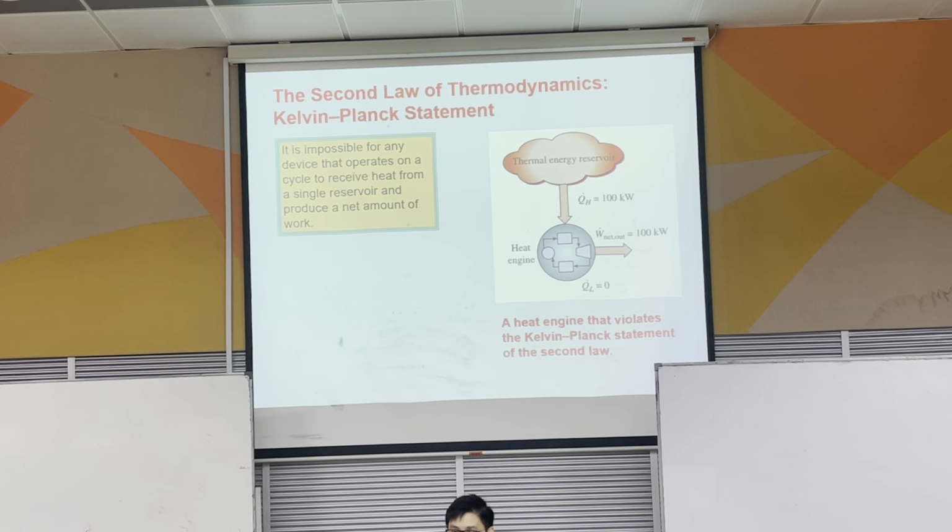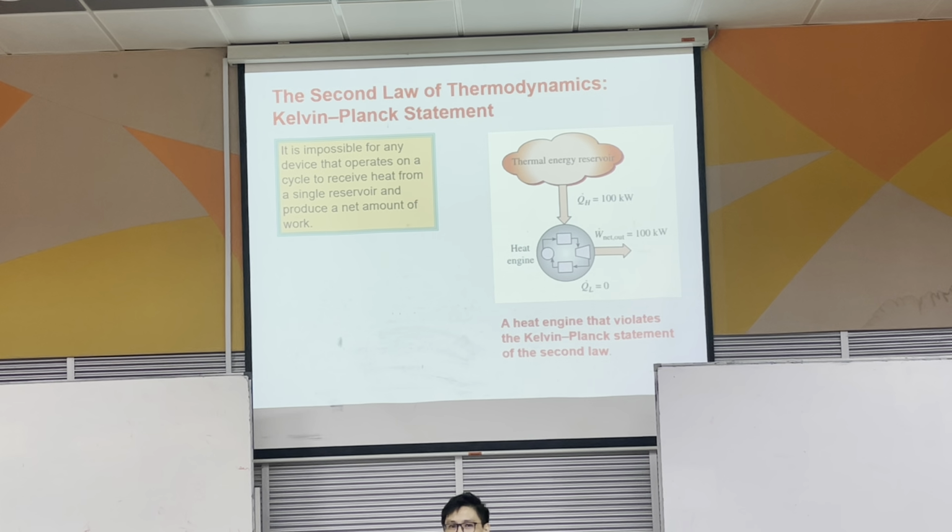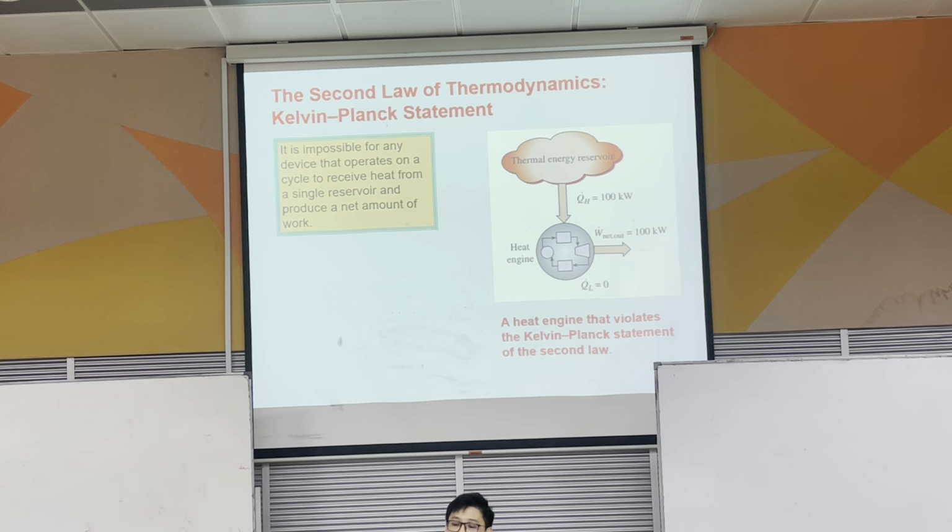What we are saying here is this is not possible. So there is no heat engine that has 100% efficiency. You cannot receive 100 kilowatt and generate 100 kilowatt without rejecting any heat. This is what the Kelvin Planck statement is about.